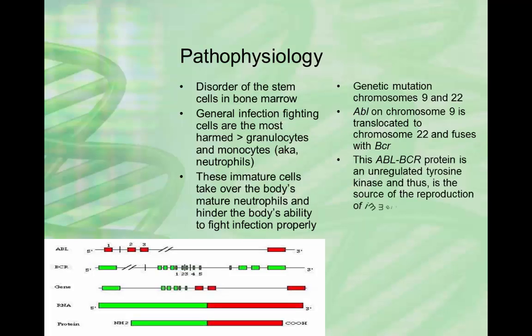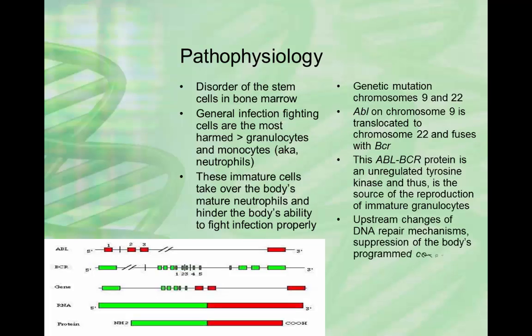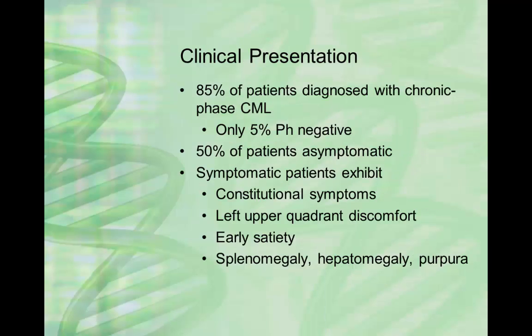This, as previously stated, will produce an unregulated tyrosine kinase and production of immature granulocytes. The adaptive immune system tries to repair the programmed cell death, which is apoptosis, but there is also alteration of apoptosis at this level, the same as the prior classification.